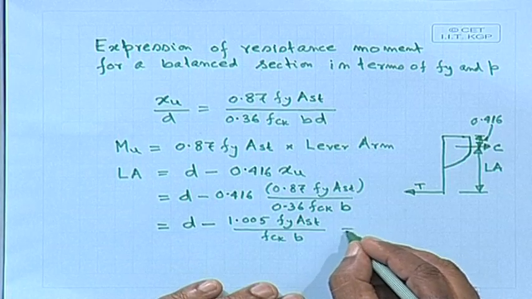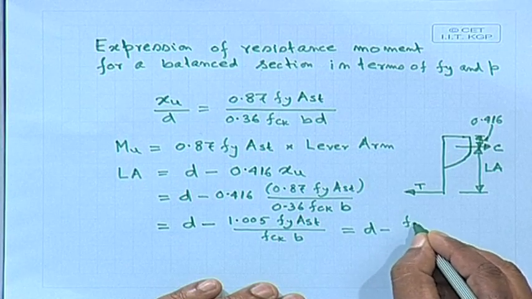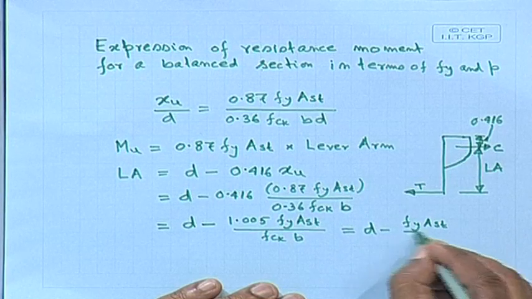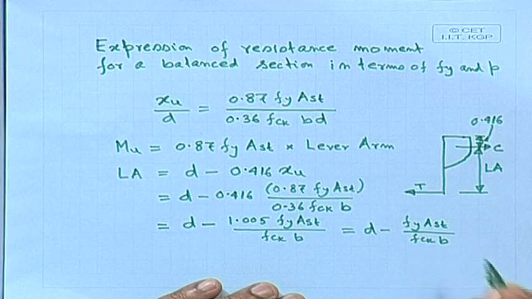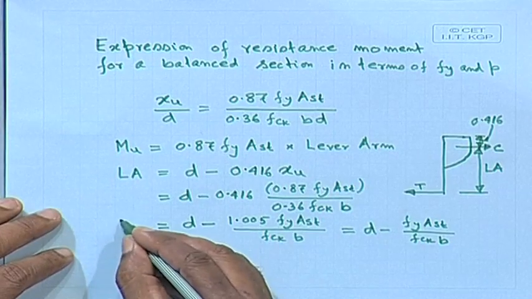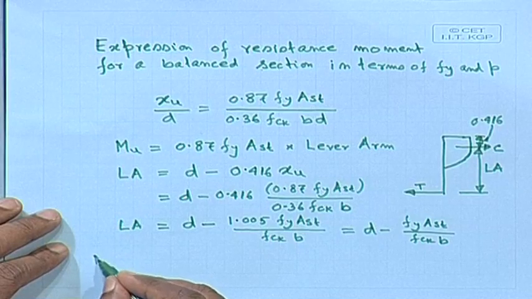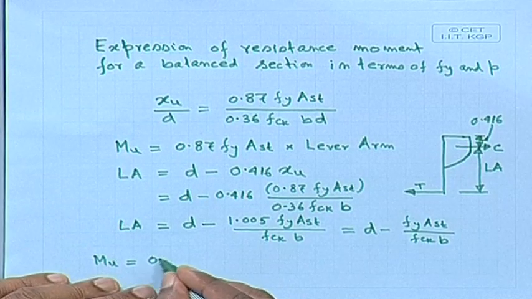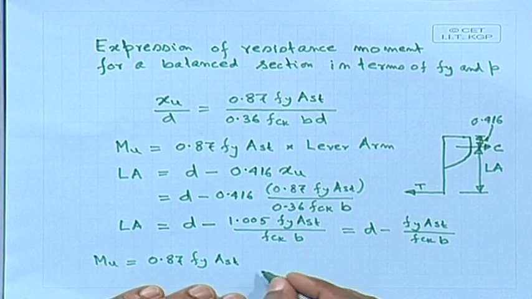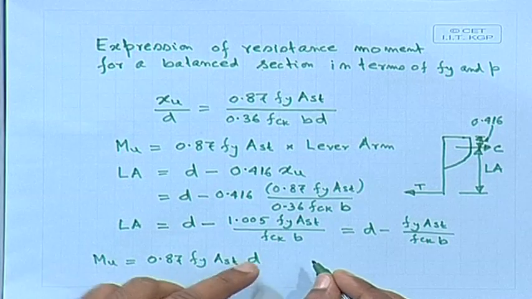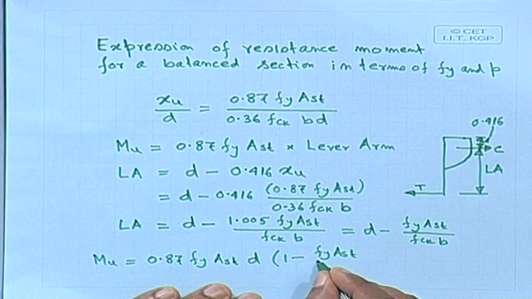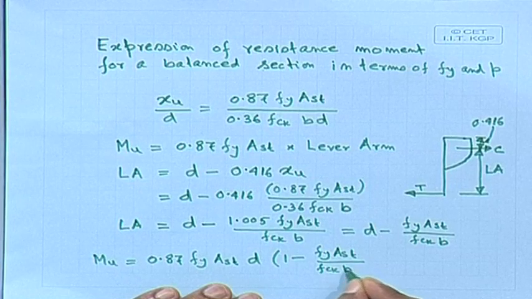In other way, we can write down this one as D minus FY AST by FCK times B. Therefore, Mu will be equal to 0.87 Fy AST times D, 1 minus Fy AST divided by FCK times BD.